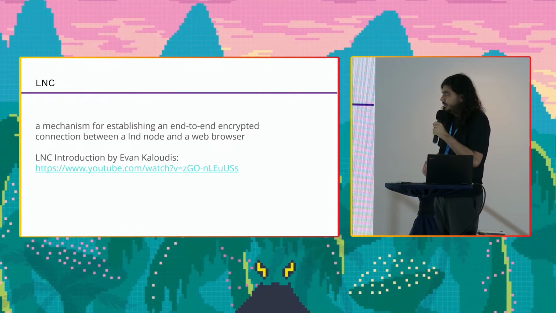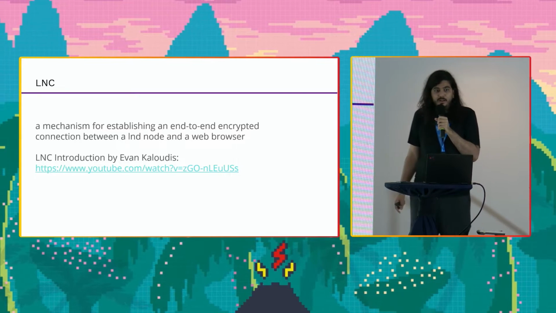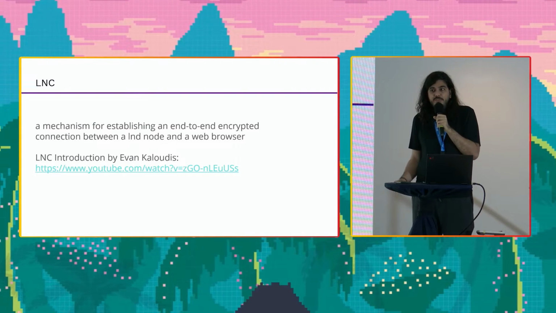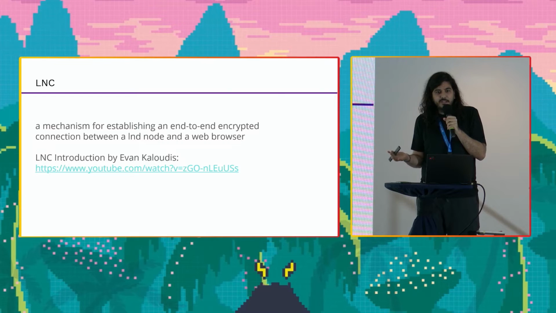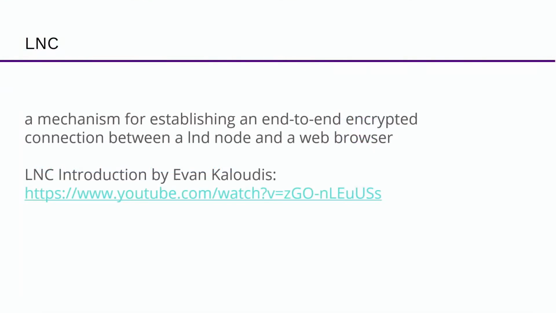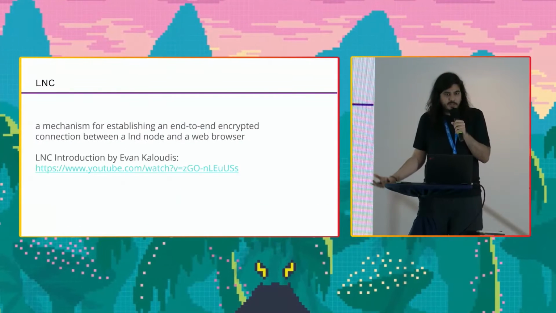It uses end-to-end encryption, and if you tried to connect an application or a website to a node before using Tor or I2P, it's really difficult. The connection is not super reliable.